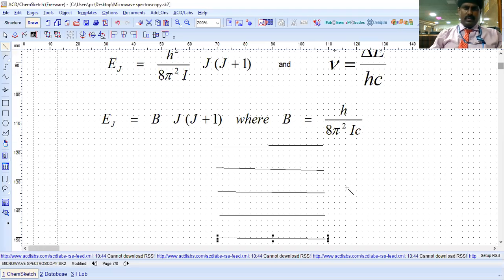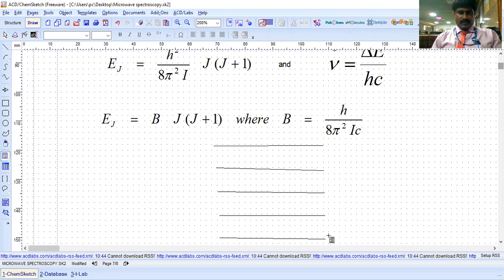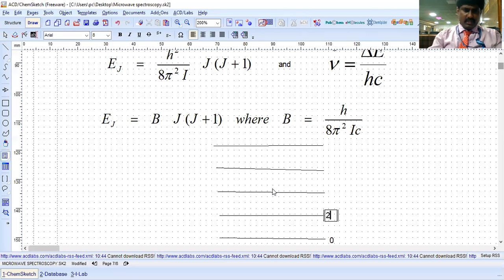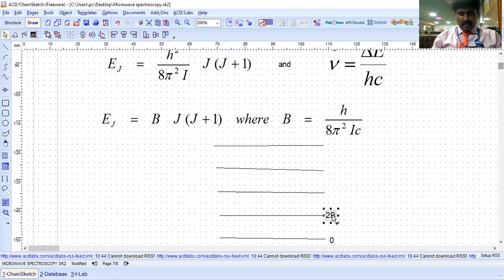Now what will be the difference between this and this? Here if you see 0 and 2B, we are expressing energy with respect to the B term. We know what B is already. B is equal to h by 8 pi square into I c. Now this is 6B.